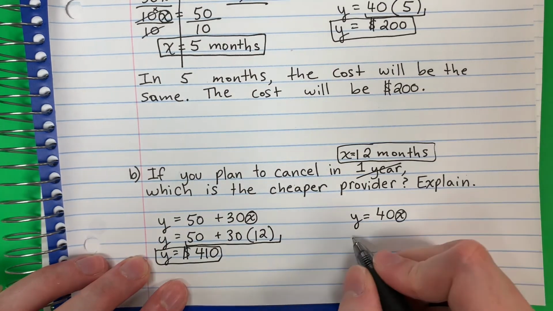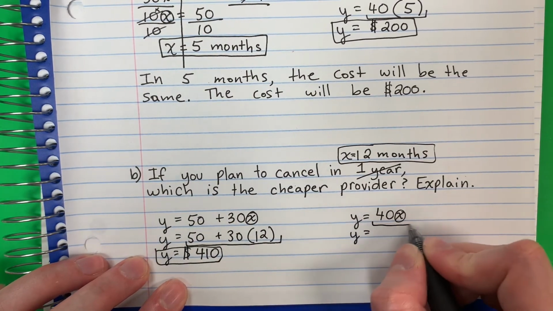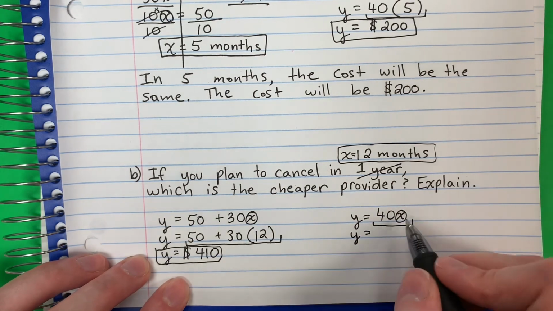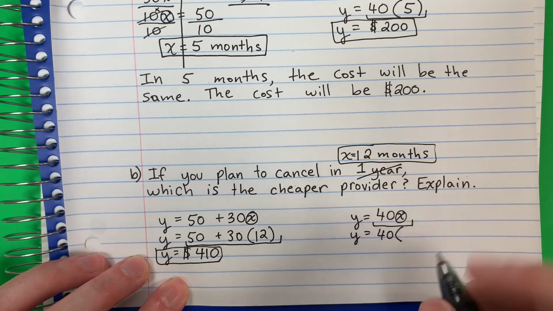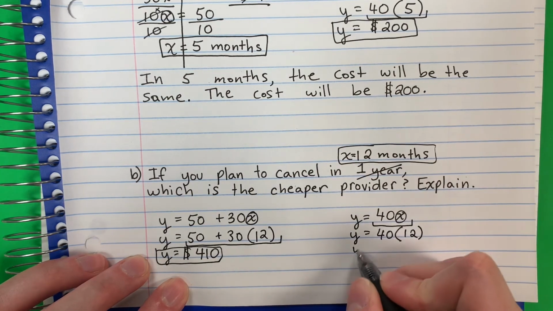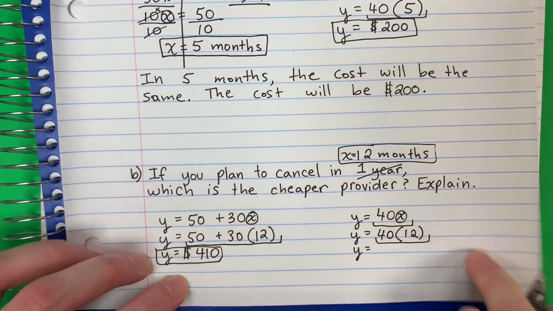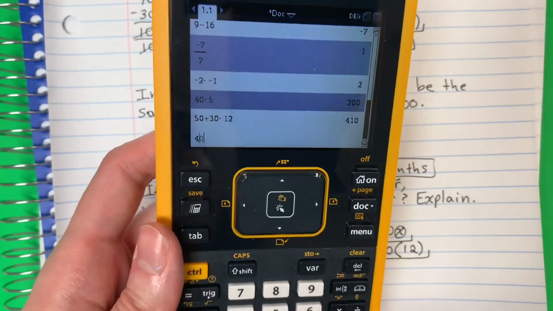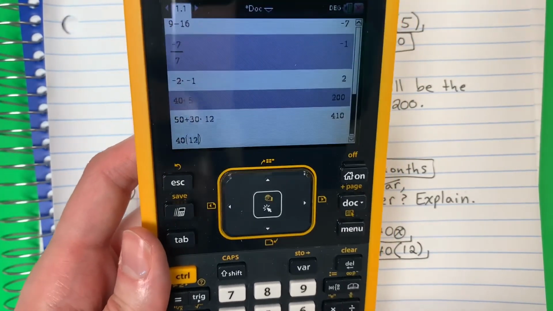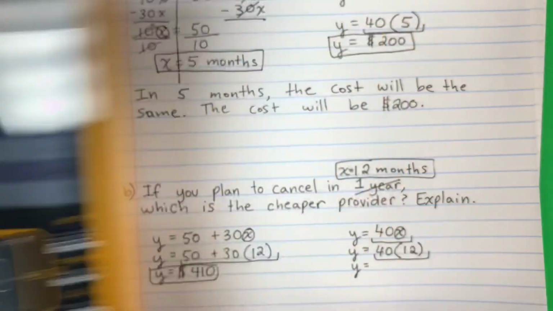And then this one, Y equals, we're going to change X. Vamos a cambiar X. So 40, parenthesis, X is 12. So Y equals, calculator, 40 times 12, 40 por 12. $480.